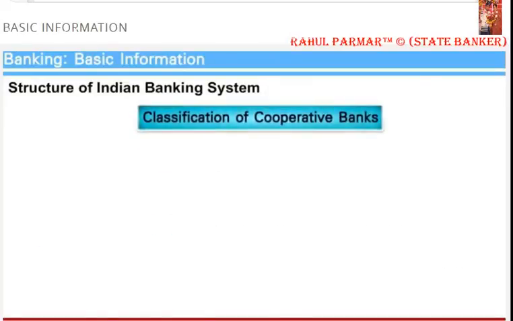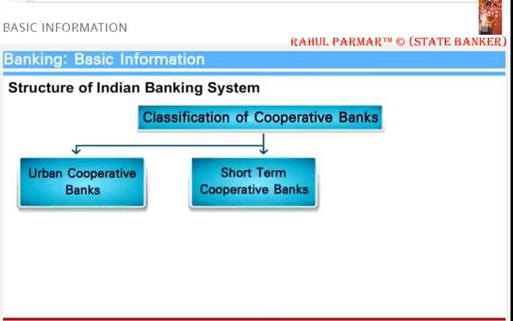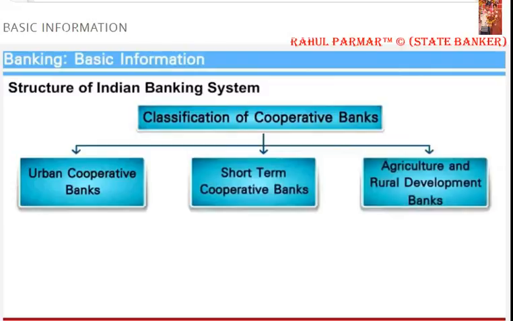Cooperative banks are classified into urban cooperative banks, also known as primary cooperative banks, short-term cooperative banks, and agriculture and rural development banks, in short, ARDBs. Though agriculture and rural development banks are called banks, they do not perform all functions that a bank should perform.